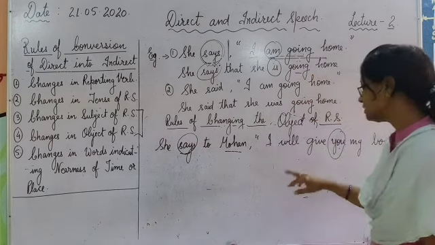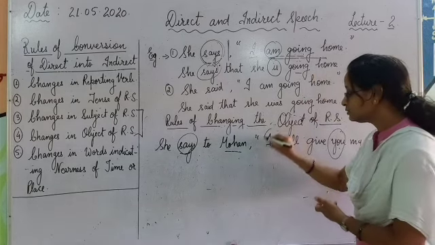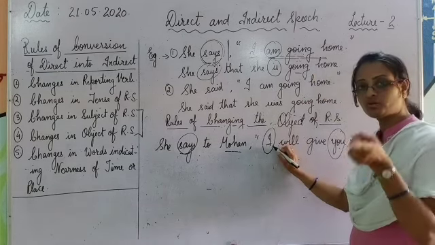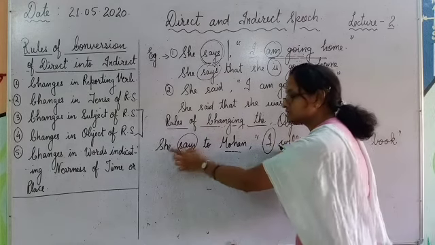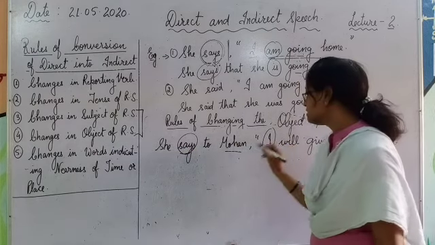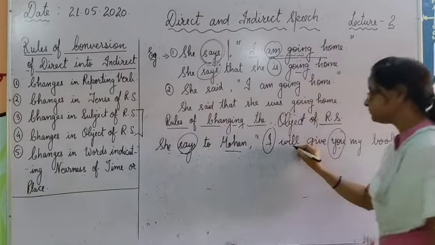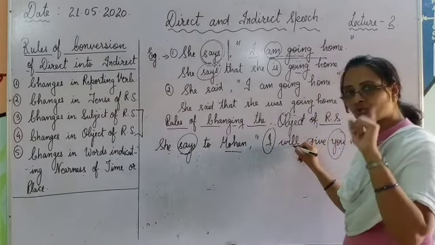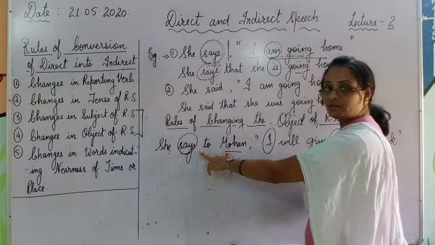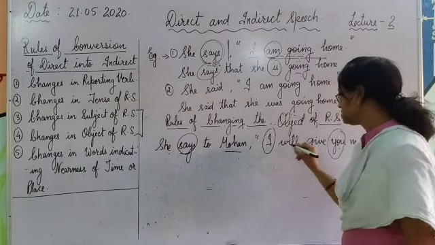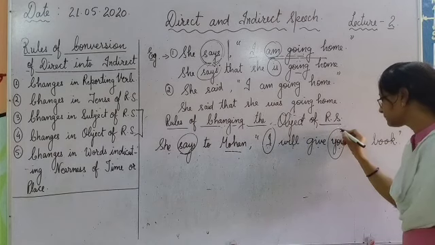She tells Mohan that, look here, I, first person pronoun, will change according to the subject. Just now we have seen. So she tells Mohan that she. Here it is future tense, this tense will not change. She will give.